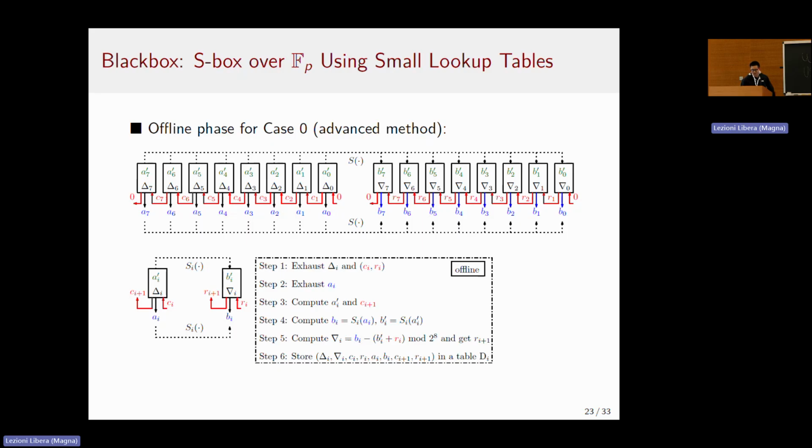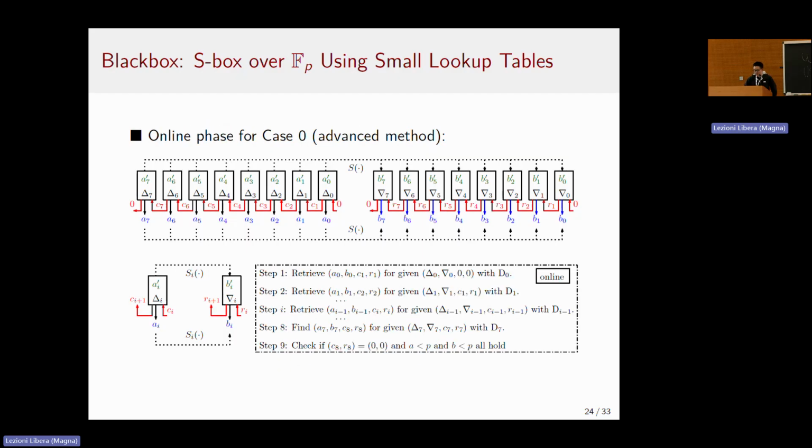We can exhaust all possible delta_i and the carry bit C_i, R_i, and the corresponding lambda_i, and we store a candidate solution of these variables in a tuple in a table D_i. With the tables D0, D1, D2, D3 to D7, given any delta and lambda, we can easily retrieve the value of A satisfying the relation.